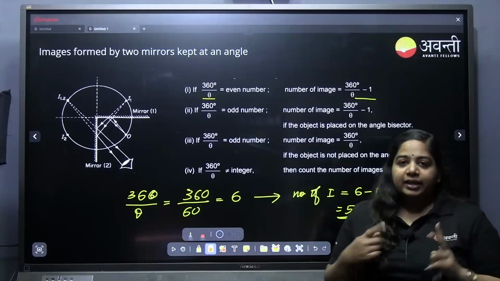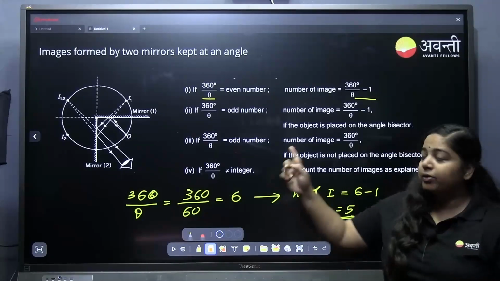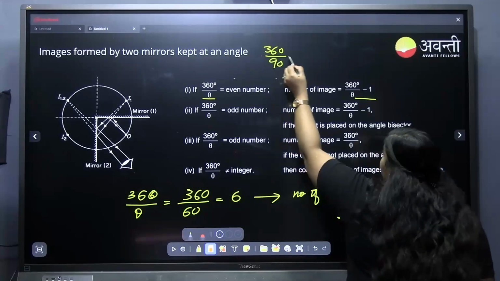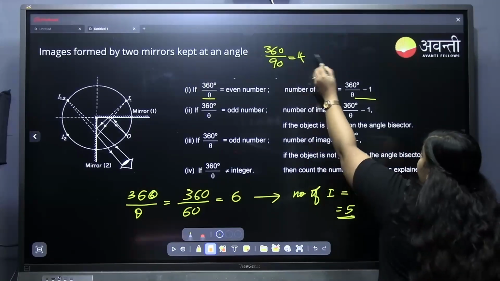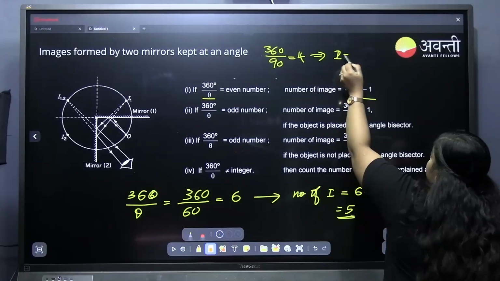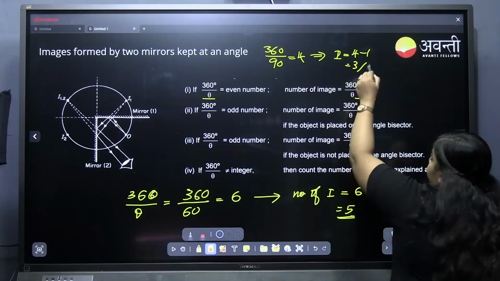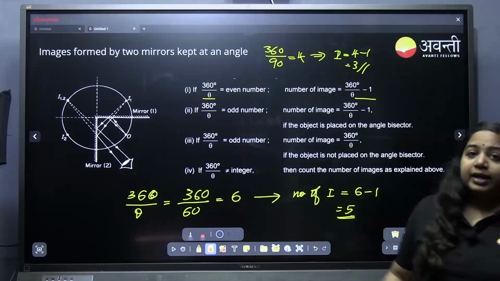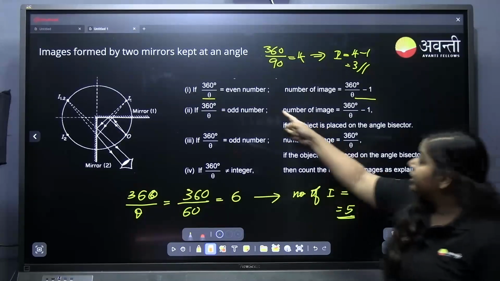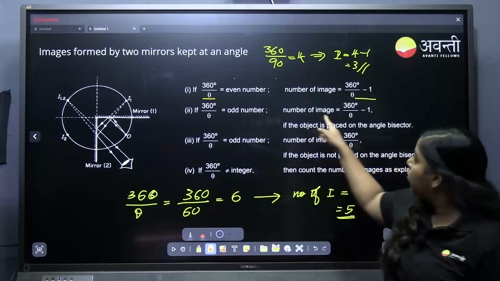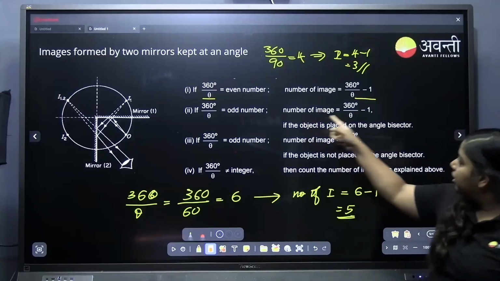Similarly, with the 90 degrees I took as an example, 360 by 90 is equal to 4, which implies the number of images will be equal to 4 minus 1, equal to 3. Okay, this is the case if this is an even number. Now if 360 by theta is an odd number, then what?